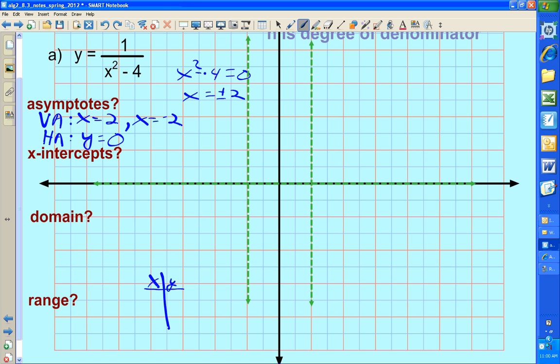What should I pick for x in this T-chart? -3 would be a good one, and -4 would be good. For those of you with OCD, you could put -5 and -6 in as well. But let's go to our asymptote. Here we are.